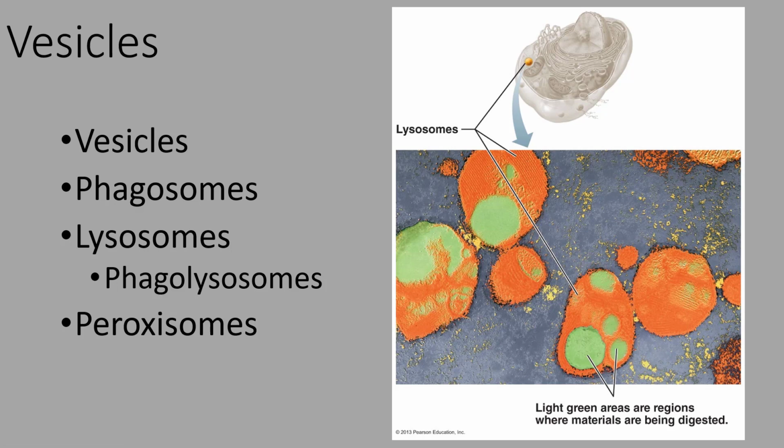It's going to dissolve that bacteria or whatever the cell ate. Some of that stuff is going to be useful for the cell: proteins, lipids, carbohydrates, things that the cell can recycle and use for other purposes. Some of it is going to be useless. It's going to be indigestible, something that can't be recycled, and that's called a residual body.